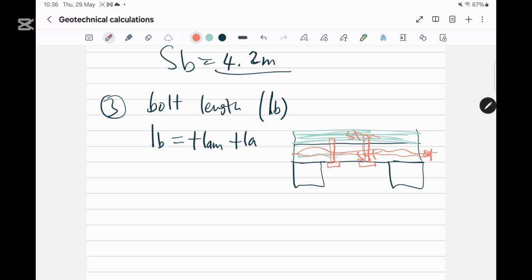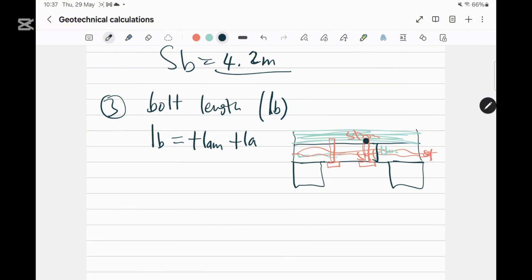So our TLM is this portion here, the thickness of the soft rock, which makes sense for our bolt length to be equal to TLM plus the anchor length, because you have your TLM here, then you have your anchor length, that portion inside the hard rock.